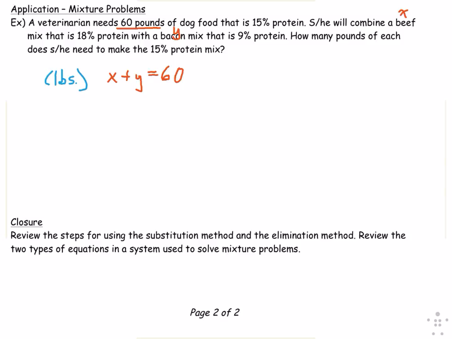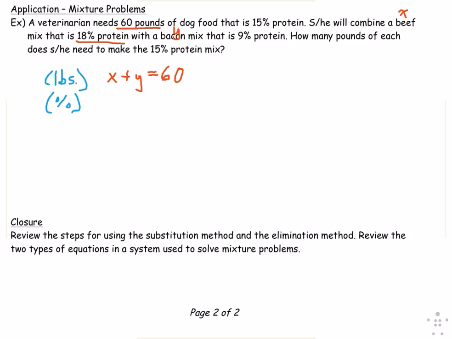The other big theme going on here is the percentage. So here you have to understand what's going on. This is hard in its own right because you need to take the fact that the beef mix is 18% protein. Okay, so then that means however many pounds x you have, only 18% of that mix is providing protein.